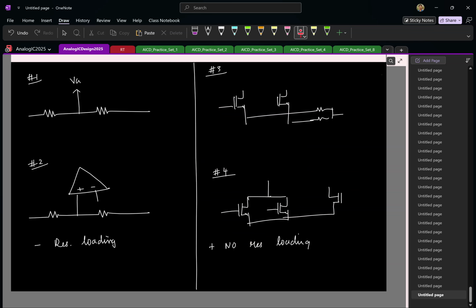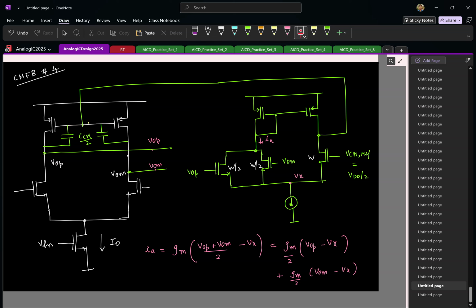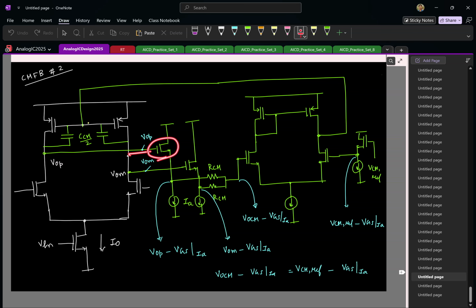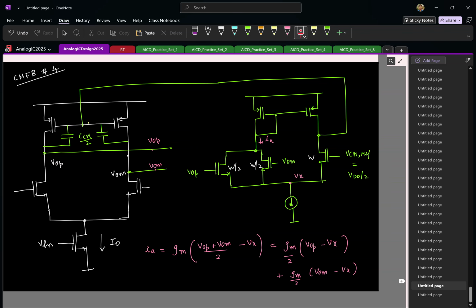In variants 3 and 4, the output is directly connected to the gate of a transistor, be it here or here. The output is connected to the gate of a transistor. Ideally, you want the output to swing very small or very large. Let's say this is the final output stage of the OTA.